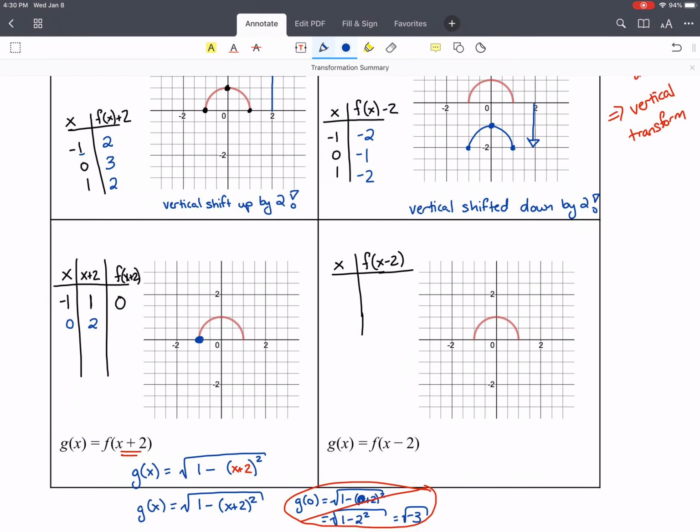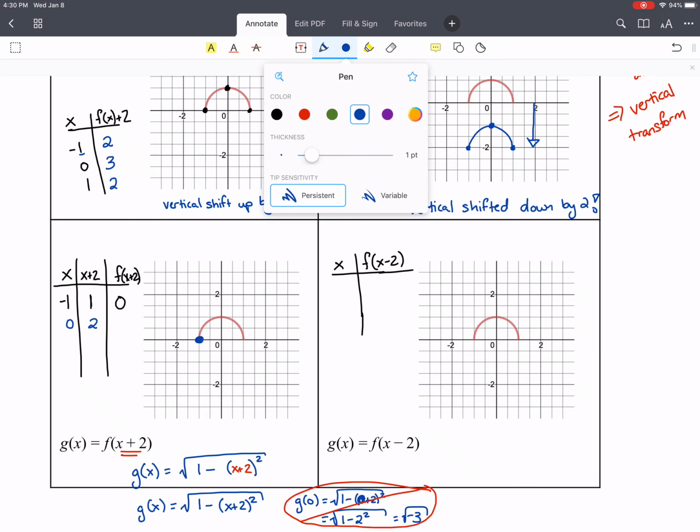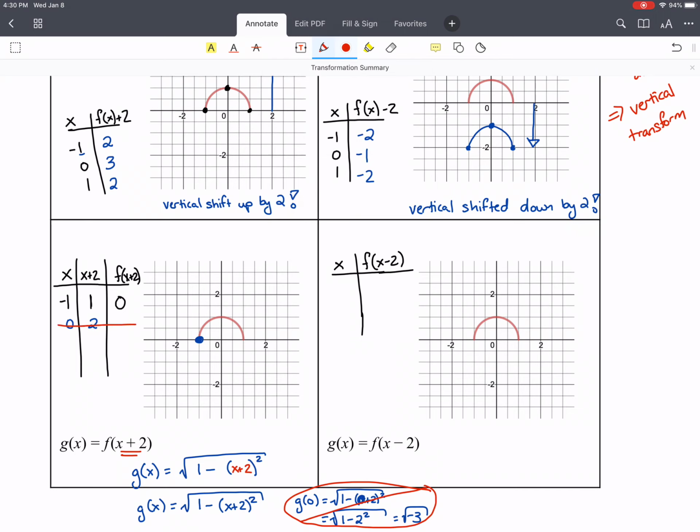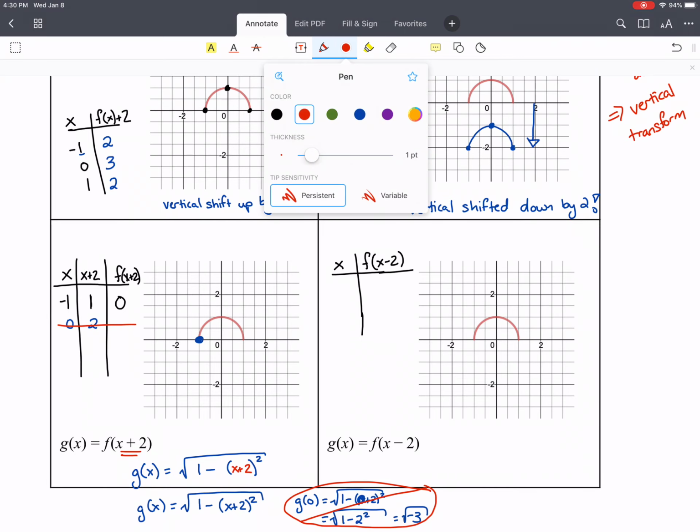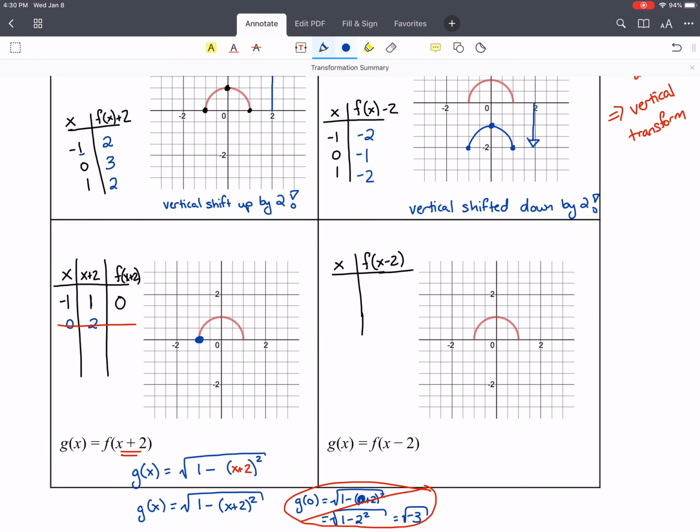So I'm going to pick the inputs that I wanted originally. So before we did negative 1, 0, and 1. So I know that those output 0, 1, and 0.